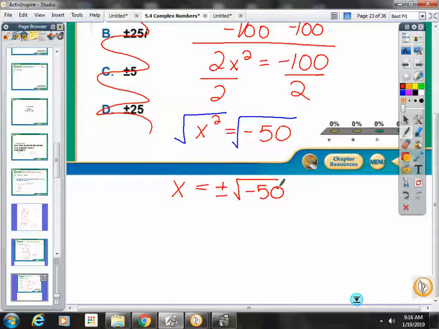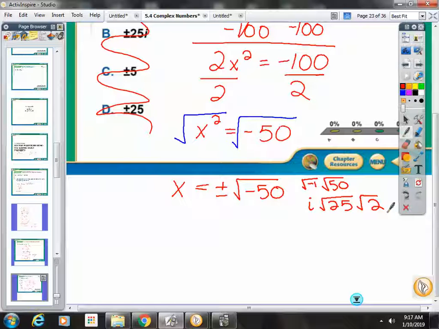Now, 50 is not a perfect square, is it? So let's just simplify it. What number goes into 50 that is? 25. So I can make this negative 1 times 50. Square root of negative 1, of course, is i. And then I can make 50, 25 times 2.